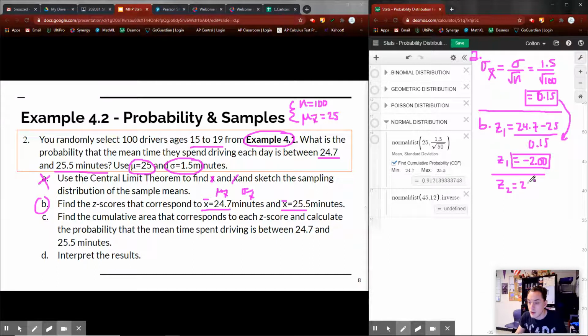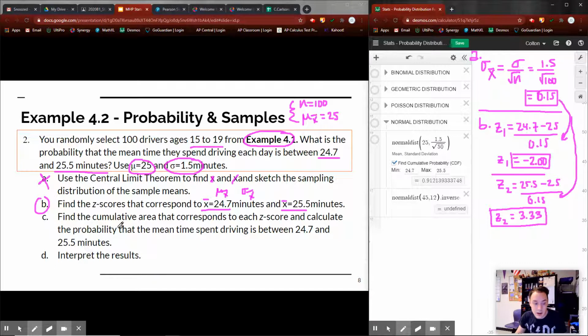So that's going to be 25.5 minus 25 all over 0.15. When I do this, my second z-score is going to be 3.33. So that is my second z-score. Again, they just wanted us to find it. That's all.